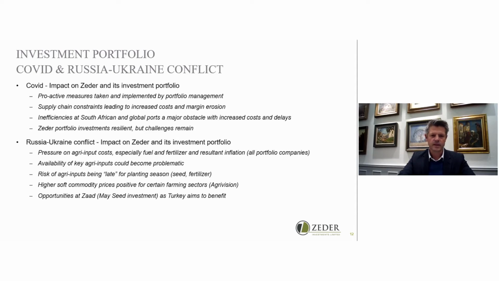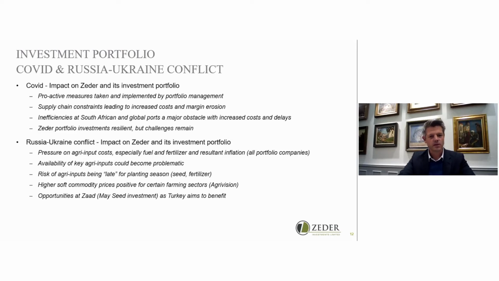We still see significant supply chain constraints, leading to increased costs and margin erosion. We've got significant inefficiencies at our South African ports, and that is an obstacle that obviously increases costs and results in delays. That mainly affects our Cape Span business. But our portfolio has been resilient. I think they are performing well, and hopefully we can put COVID behind us.